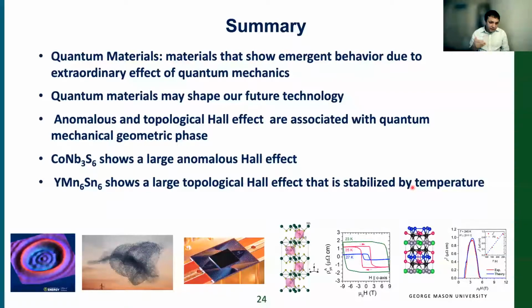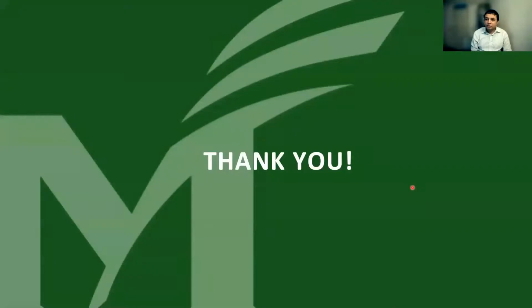And these anomalous and topological Hall effects are associated with a quantum mechanical geometric phase, an example of the quantum mechanical phenomena that I was discussing, and I showed you how we do this kind of research in particular materials, with the example of two materials. And with this, I would like to thank you, and I would like to take questions that you have.